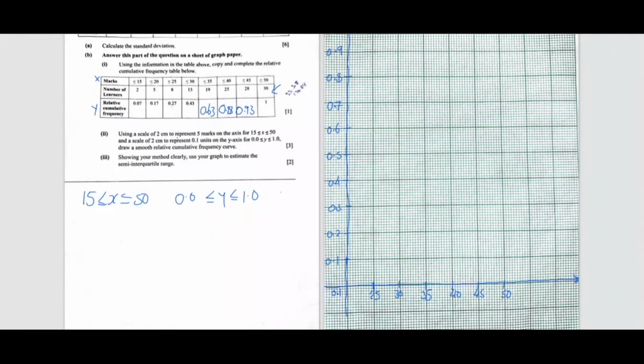So from the 20, I started from 25, this should be 15. So this is a mistake. Let me just make some changes.